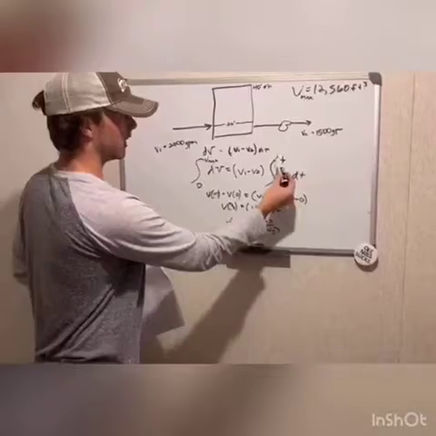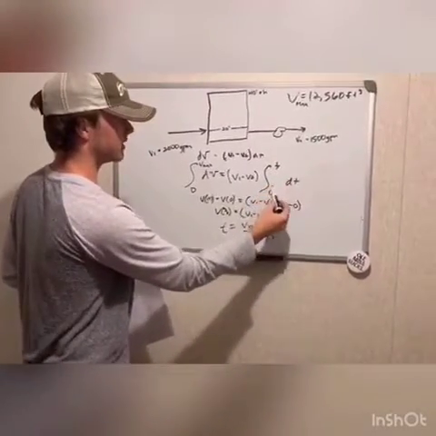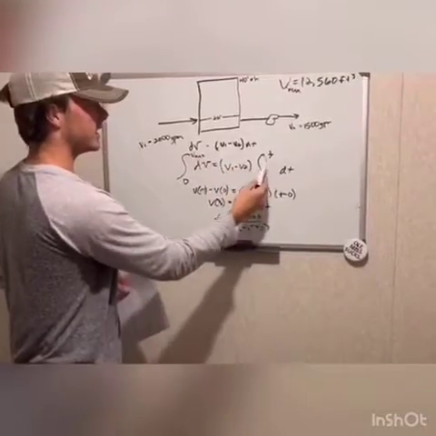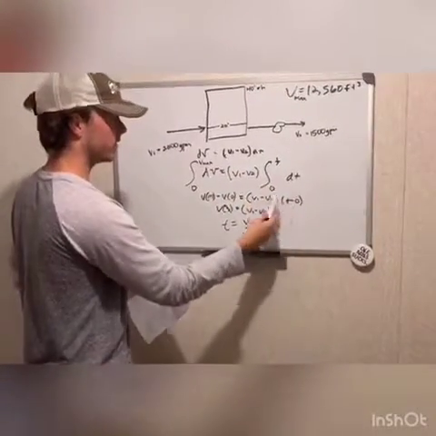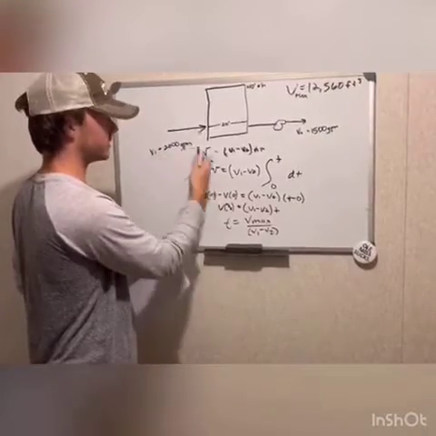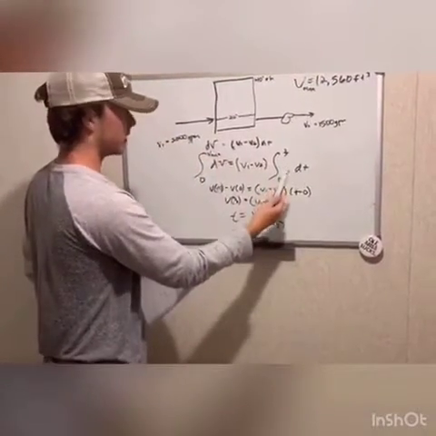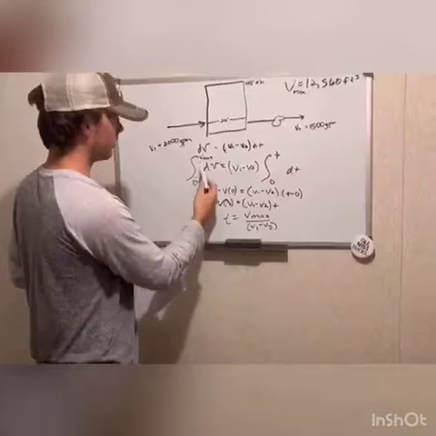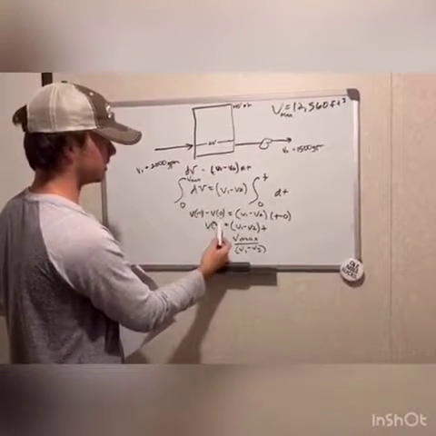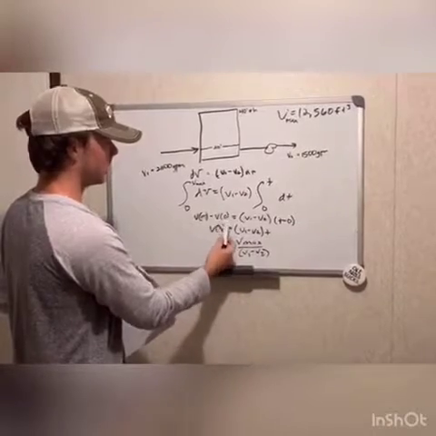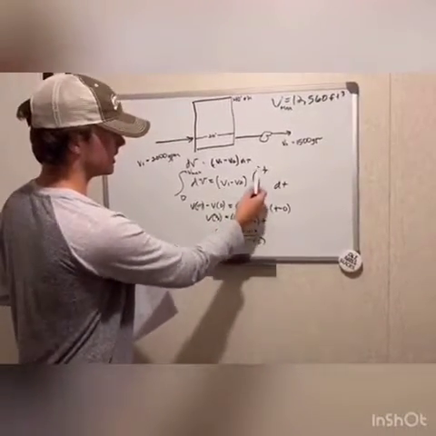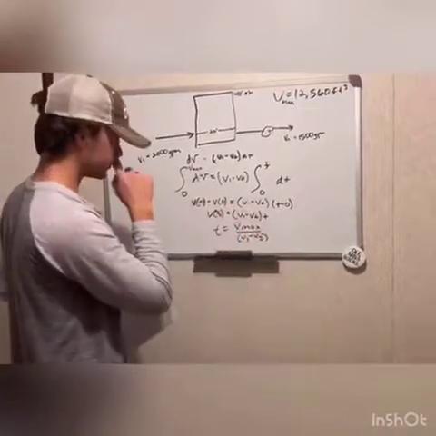So you would have the integral from 0 to t of dt. t is what we're trying to solve, and 0 because the initial time is 0. When you take the integral, you have Vmax minus 0 equals V1 minus V2 times t minus 0.